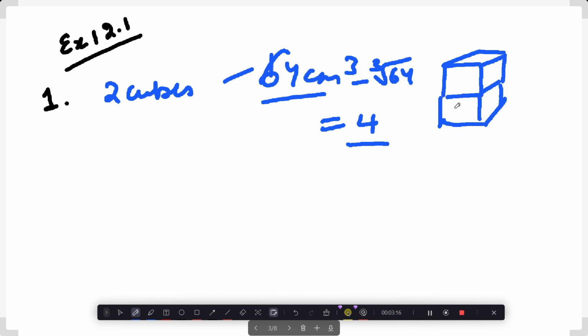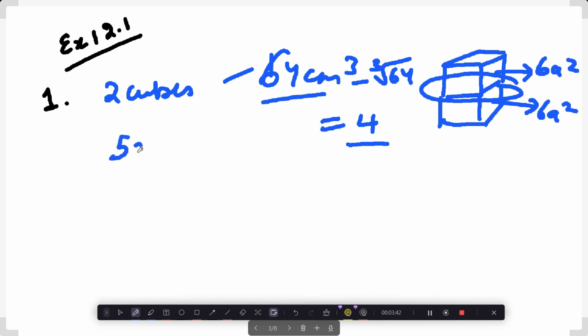Individually, the surface area of each cube is 6a square, because each side is a and a cube has 6 faces. Would the surface area of the two cubes joined together also be 6a square plus 6a square? No, because one face of each is merged.